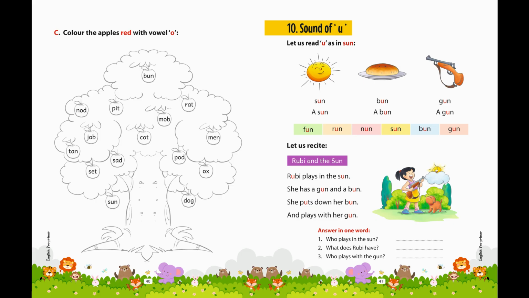She puts down her bun and plays with her gun.